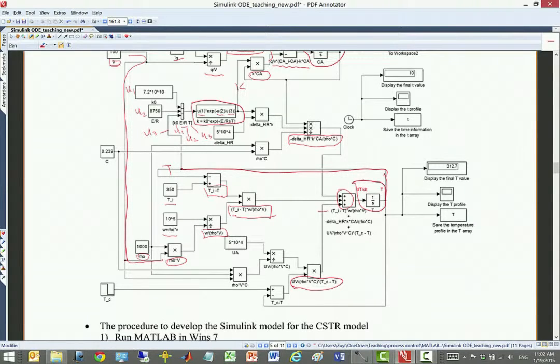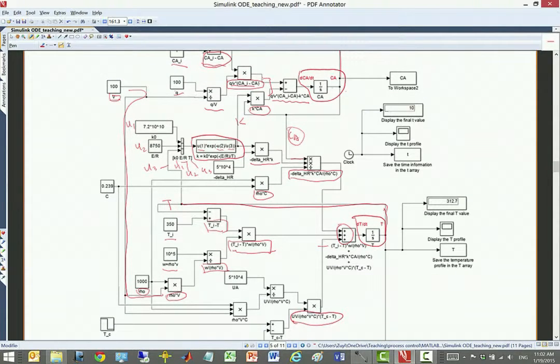For the second term, delta HR times K times CA over rho times C, similarly we have three terms multiplied together. The first term is CA. Then the second term is minus delta HR times K, and the last term is rho times C. We already could get CA from the differential equation for CA.